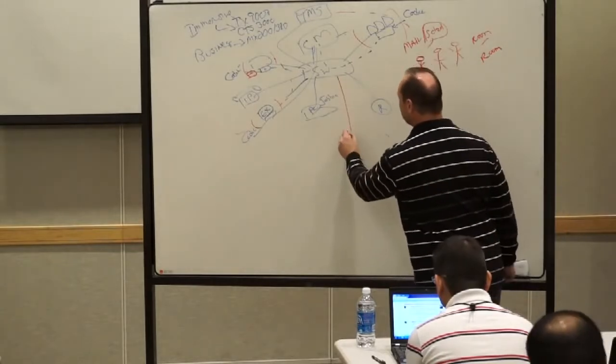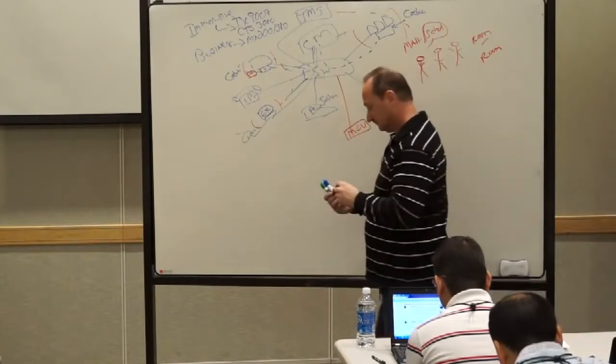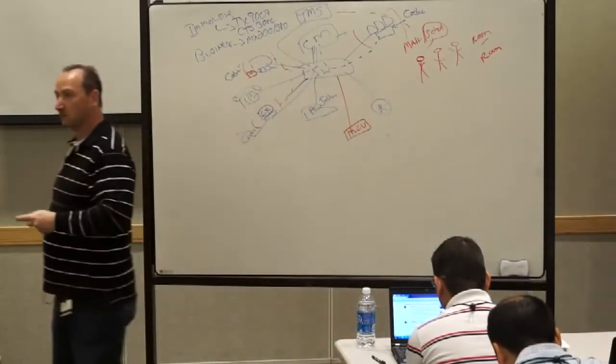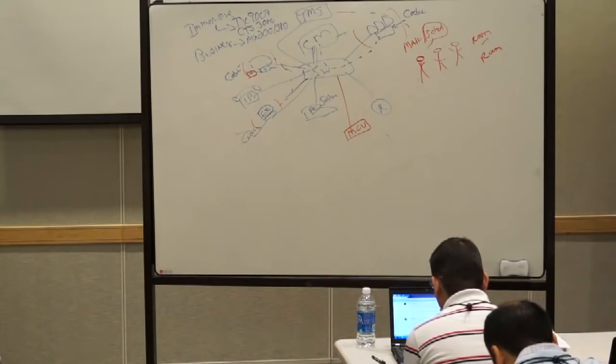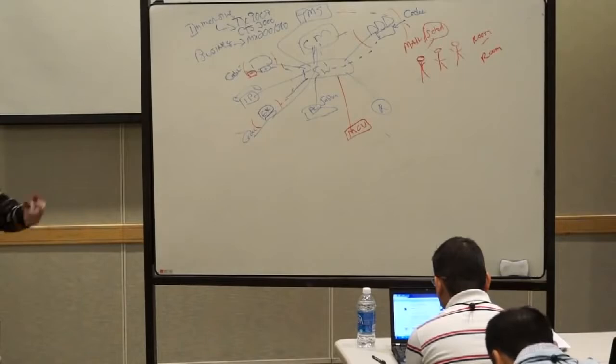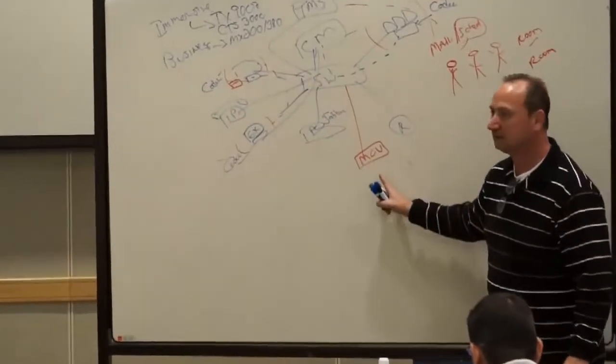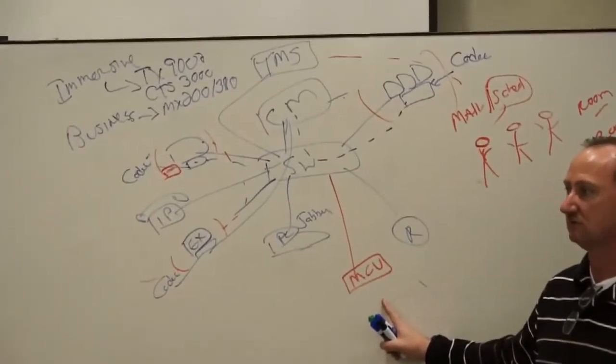We bring that in. And what's that bridge called? It's called an MCU, a multi-point conference unit. What it does is it creates video bridges based on the number of screens you have and the capabilities you have. Who do you think manages MCUs?